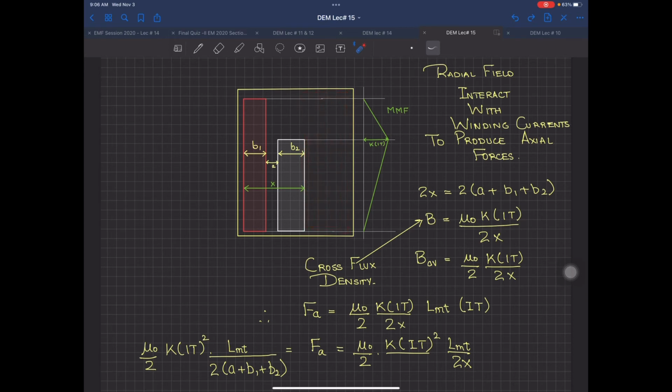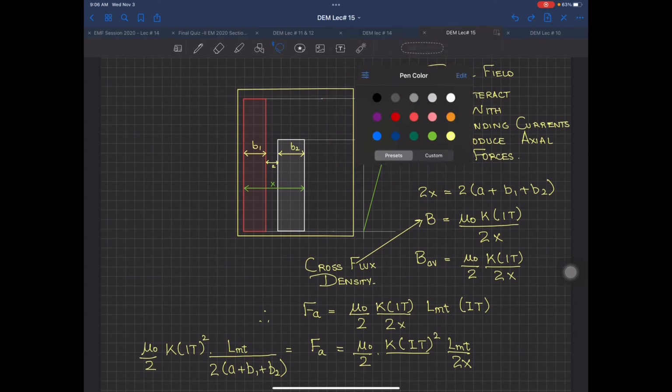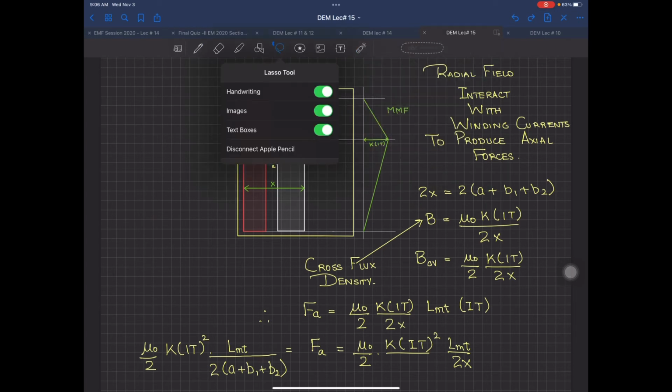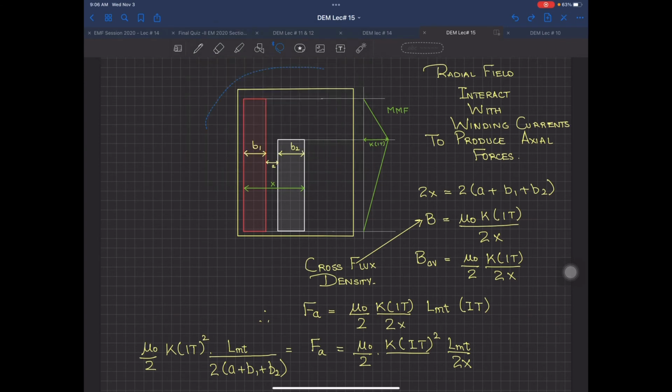Sorry, yes. Let me draw it actually. So, in fact, let me copy this one. Actually, मैं ये थोड़ा सा वही मैं.